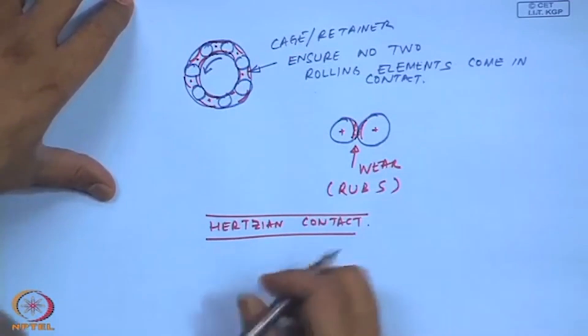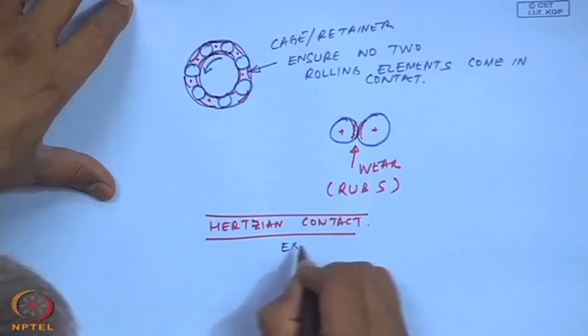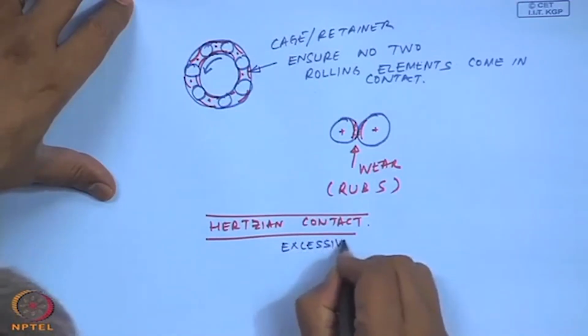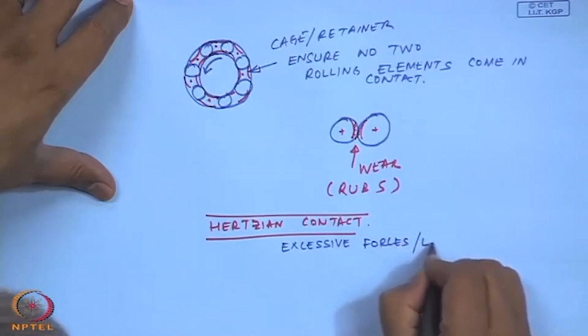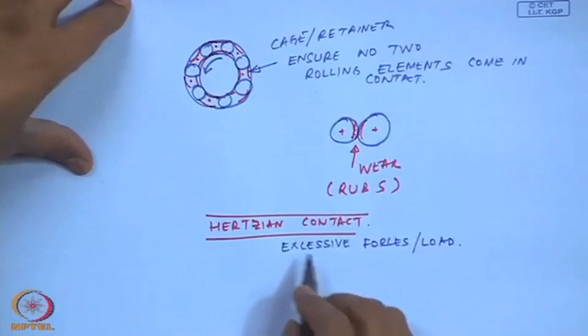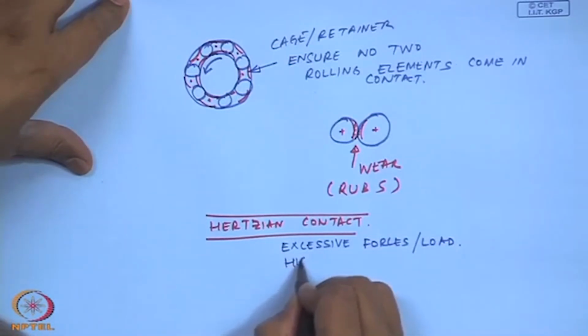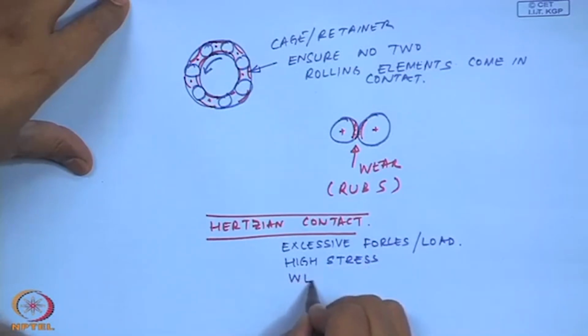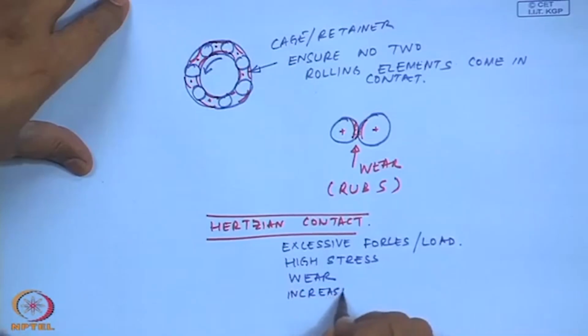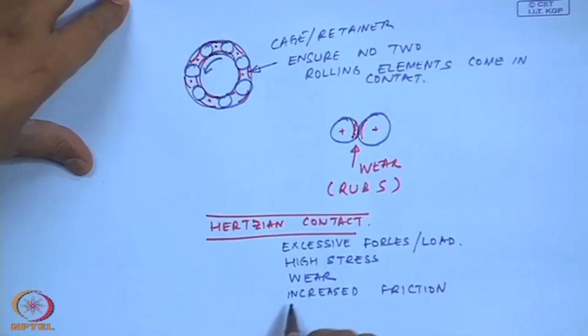Because of Hertzian contact, stresses would be developed, and again the same phenomena will occur. Because of this there will be excessive forces, load, high stress, wear, increased friction, and then of course noise, kind of a streaking noise.